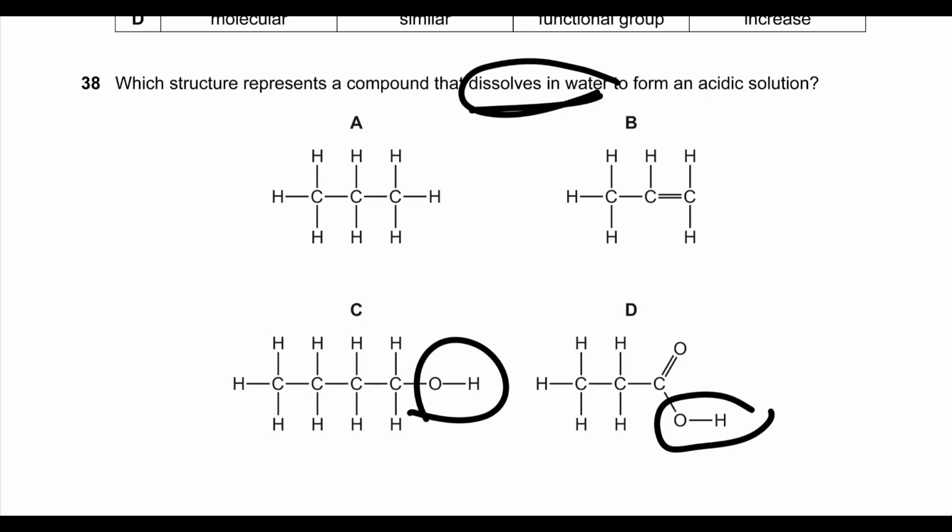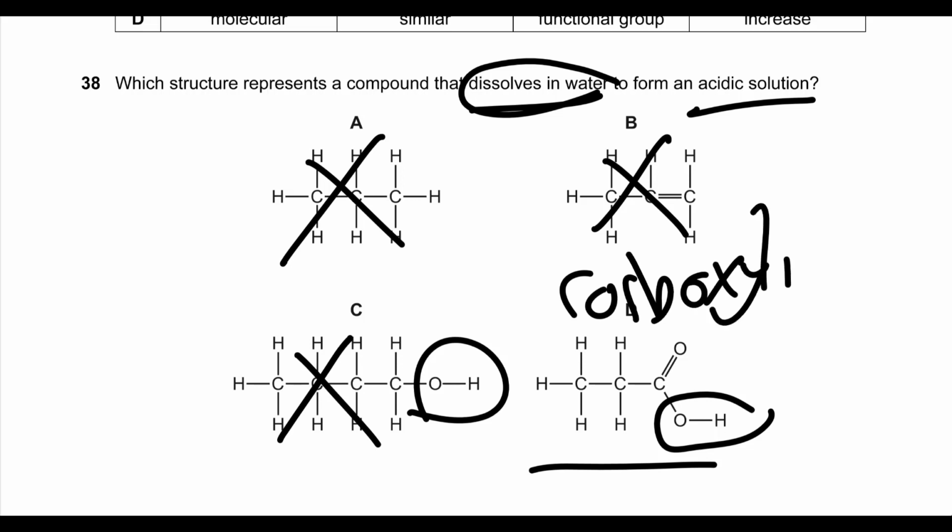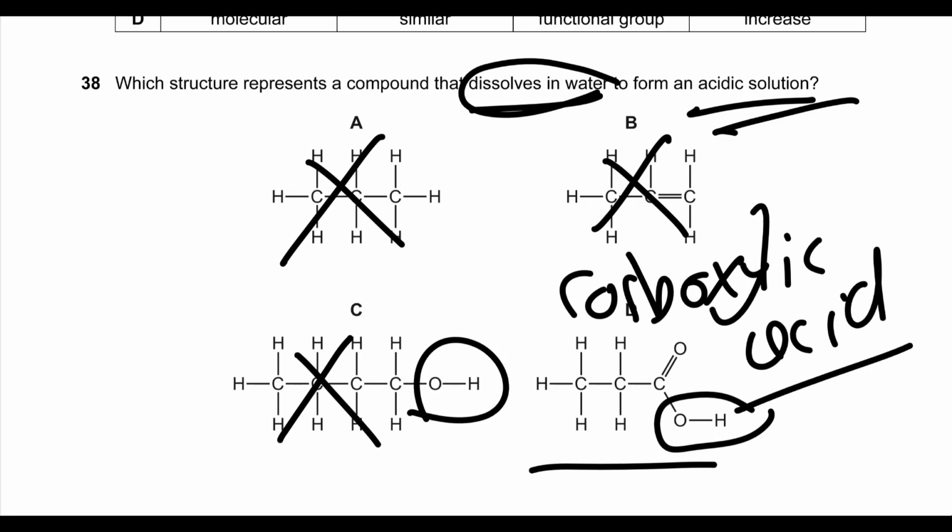But here we don't need just to dissolve them. We need to dissolve them and we need to have an acidic solution. So this is alkane, this is alkene, and this is alcohol, and this one is carboxylic. What is it? Carboxylic acid. So acid, acidic solution. So the best answer is D.